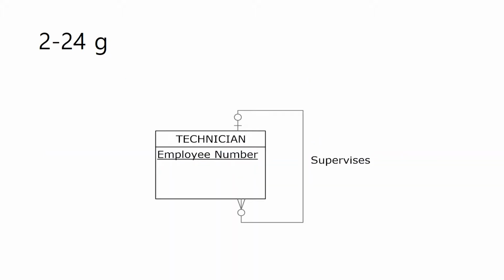So you can see technician supervised by 0 through 1, chief technician or elder technician, and then technician supervised 0 through many higher rank technicians.